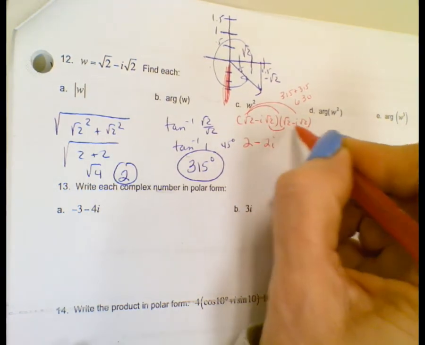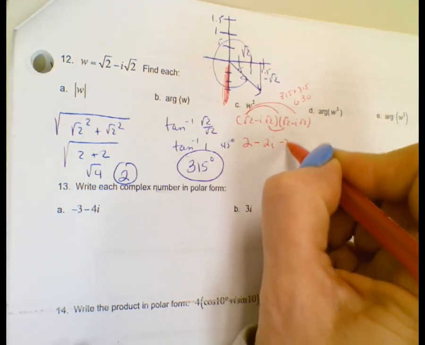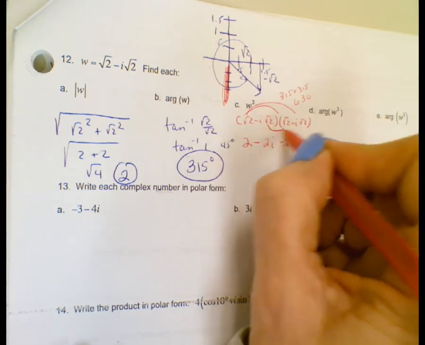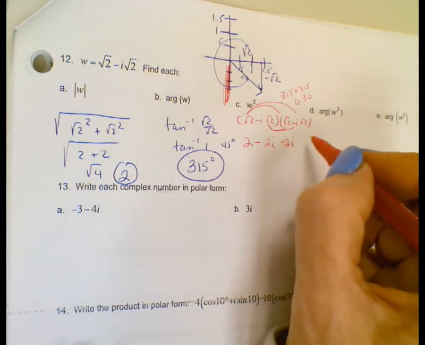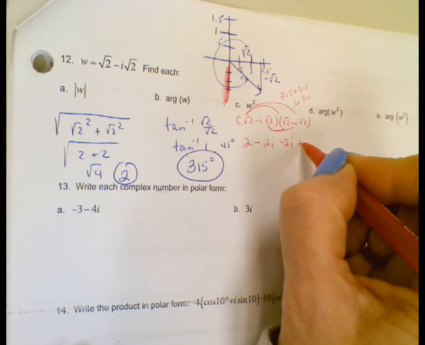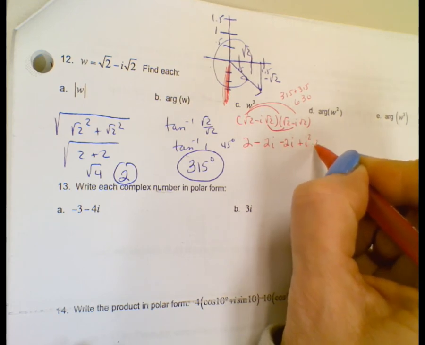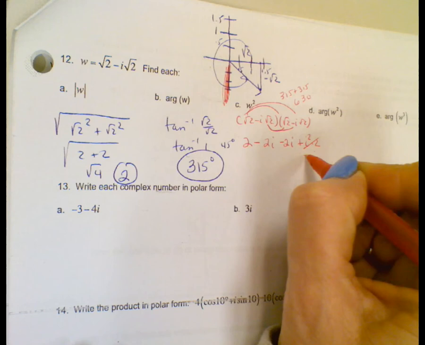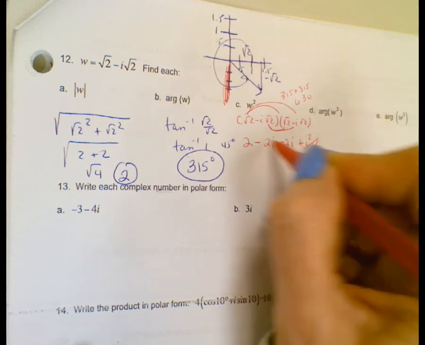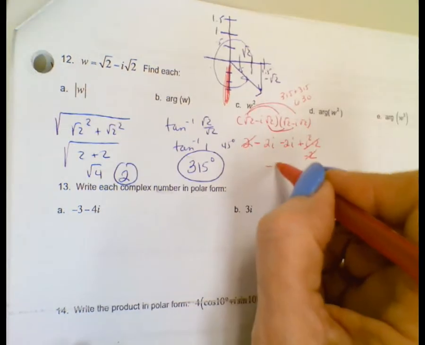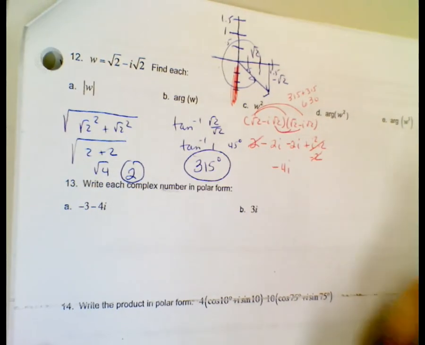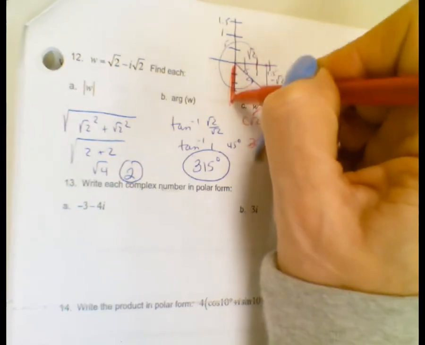Negative i radical 2 and radical 2 is negative 2i. And negative i radical 2 times itself is positive i squared times 2, which makes that negative 2, which cancels the 2's. So this is negative 4i. So when I said it was going to be down here, I was correct.